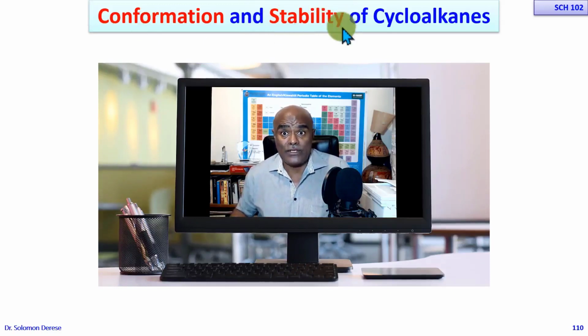As a result, we determine the most stable conformers as well as the least stable conformers these cycloalkanes adopt as a result of rotation across their carbon-carbon single bond. So before I do that, let me first start by defining what conformation is.